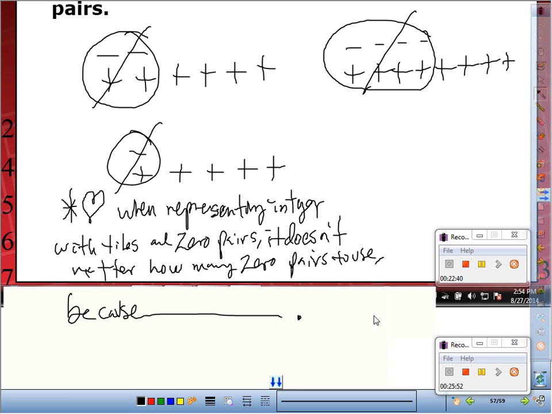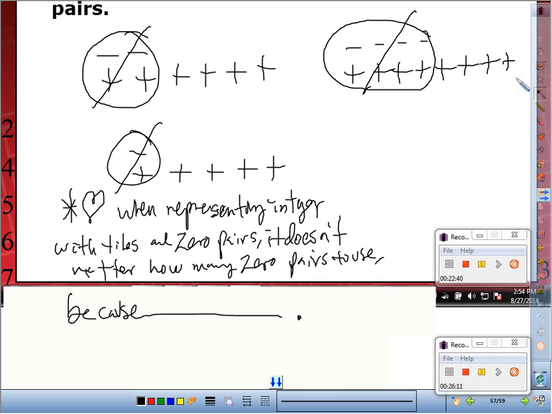Fill in the blank. Why doesn't it matter? Because it's always equal to plus 4 or 0. The zero pairs is always equal to 0. Good.